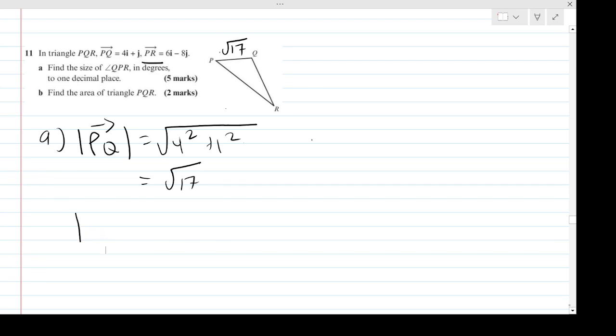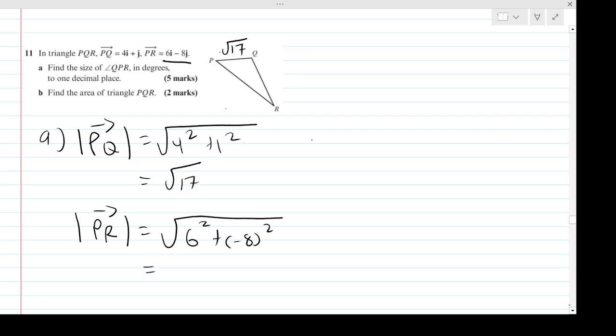The length of the vector PR is the square root of the i part, 6 squared, and then the minus 8 squared. If I do that, I get 10. So that's telling me the length P to R, so the side PR is 10.